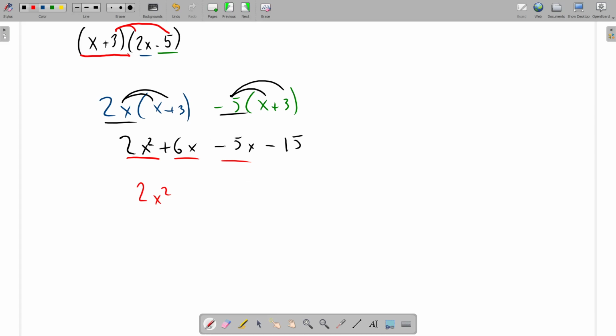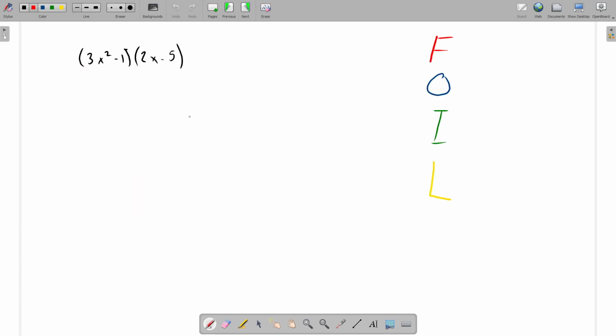If I combine those because they are like terms, we end up with, well, 6 minus 5 is 1, so I have a positive 1x. And then we have a single constant term, minus 15. So this down here would be our final answer. It has been simplified. We combined like terms. All right, let's go to the next example.